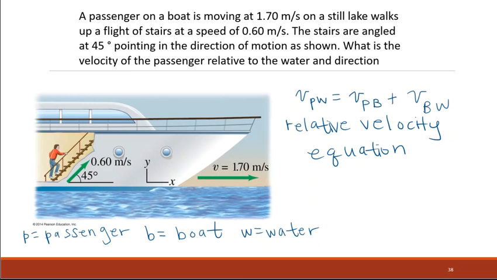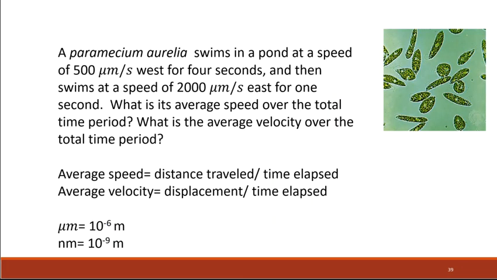Okay, so then we went on to kinematics. We did this paramecium problem. So the average speed equals the distance traveled over time elapsed, and the average velocity equals the displacement over time elapsed.